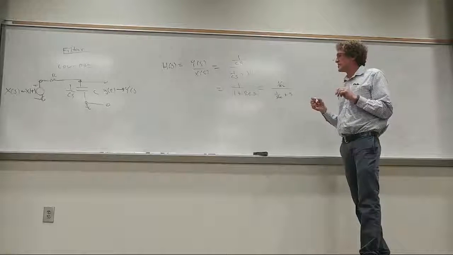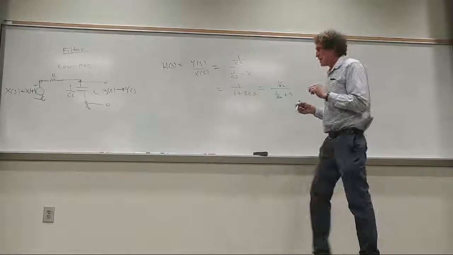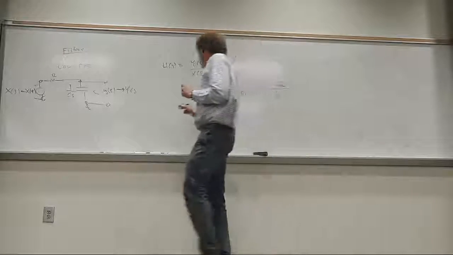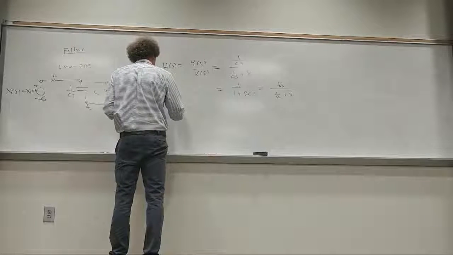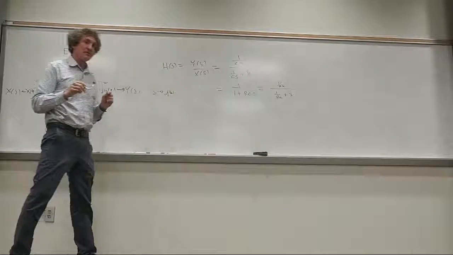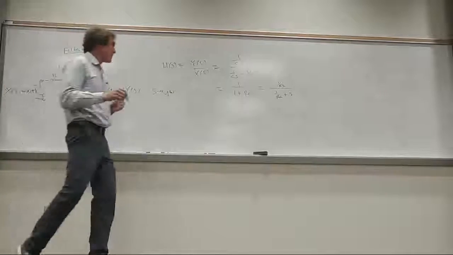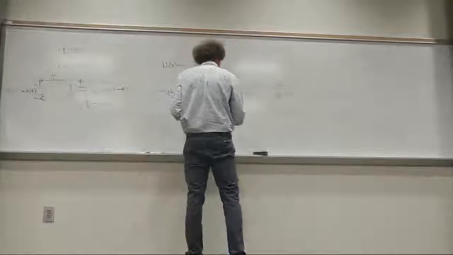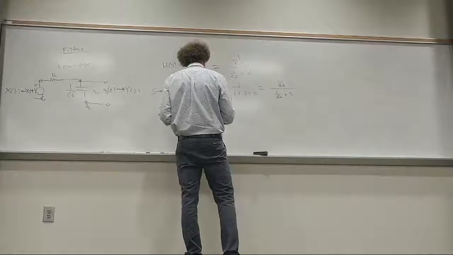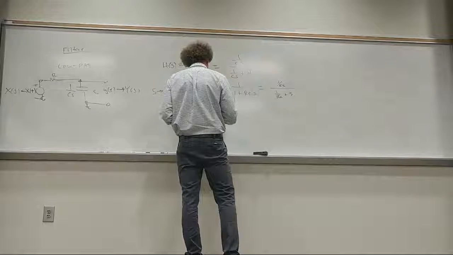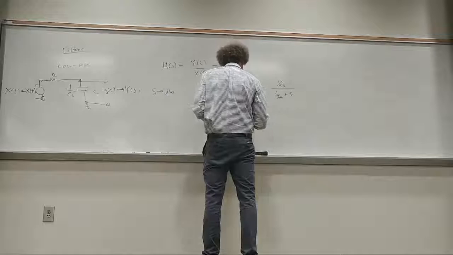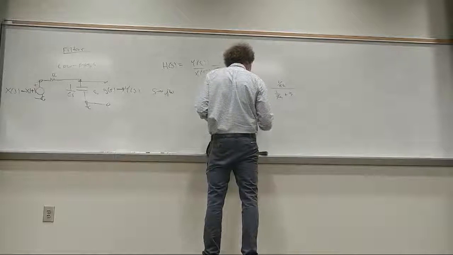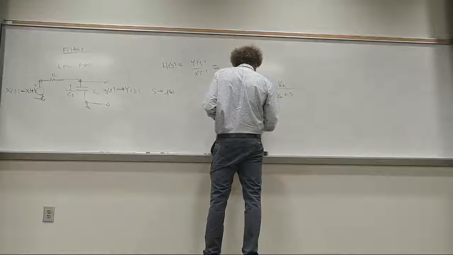So this is a simple low-pass filter. And if I took a look at the properties here, if I let S become J omega, so now we're going to look at the property of this filter in the frequency domain, then the magnitude of H of omega would be equal to 1 over RC over the square root of (1 over RC) squared plus omega squared.